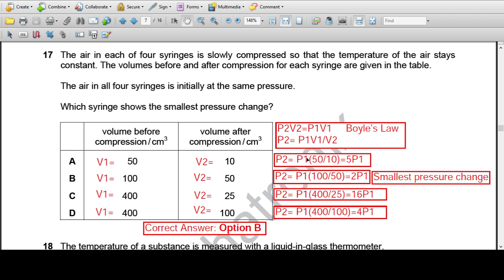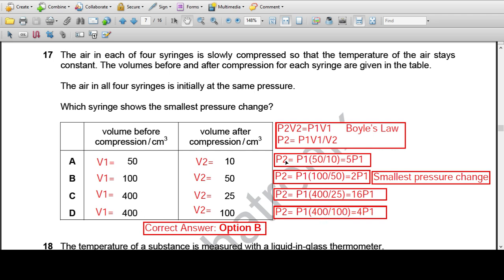Here we have V1 is 50 and V2 is 10, so the ratio is 5P1. Here we have 100 over 50, and this is 2P1. 400 divided by 25 is 16P1 and 400 divided by 100 is 4P1.